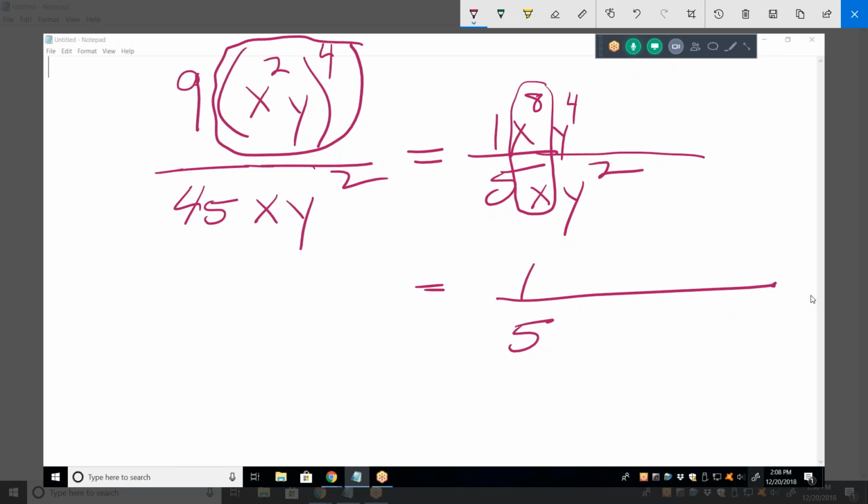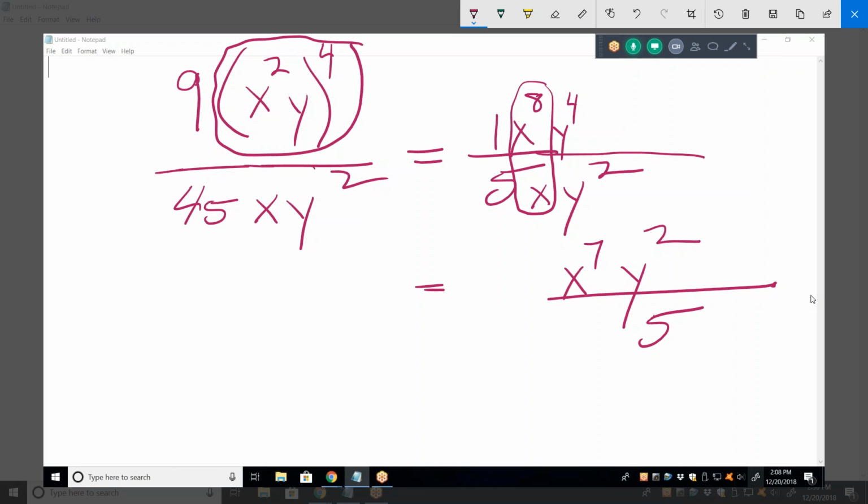Okay, so what's the answer? Very good. And the y's. And there's your answer. Now, I don't really need this 1, so let me erase it. But I do need the 5, and it needs to be in the bottom of the denominator, like that. Okay? So that's your answer.